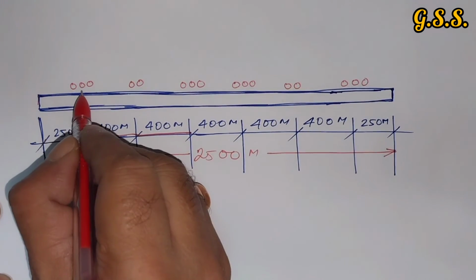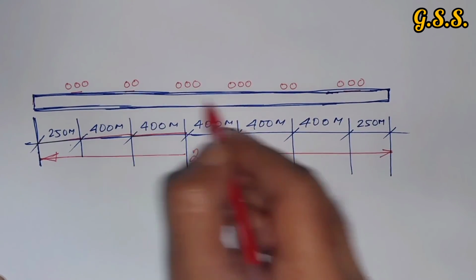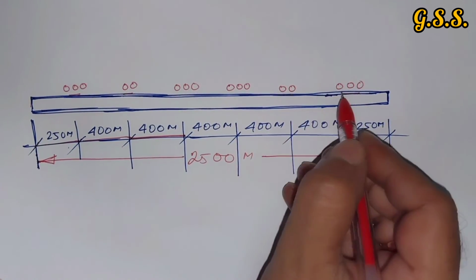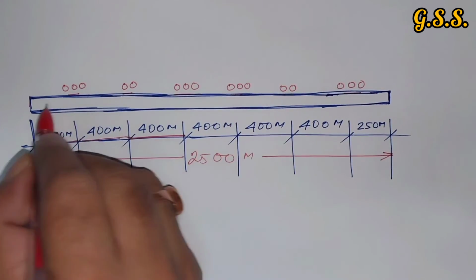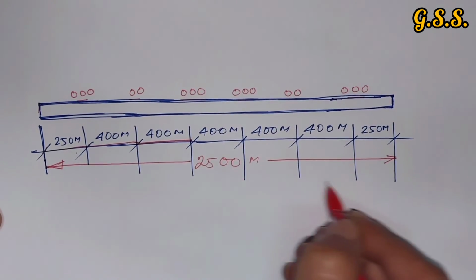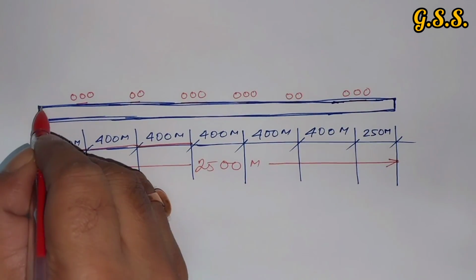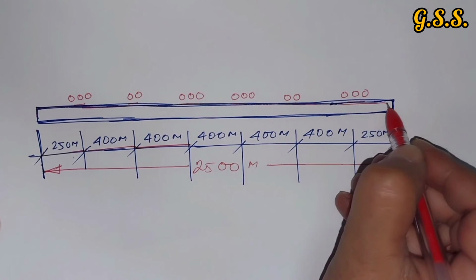So total number of anodes 3, 3, 6, 2, 2, 4, 10, 3, 3, 6. Total is 16.